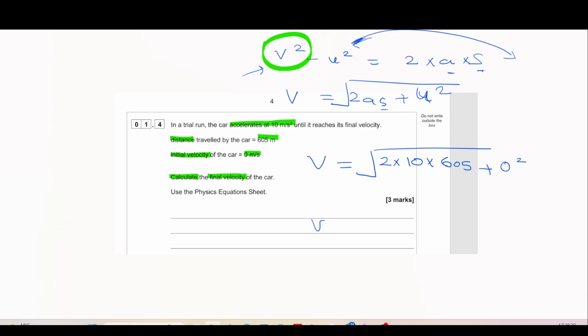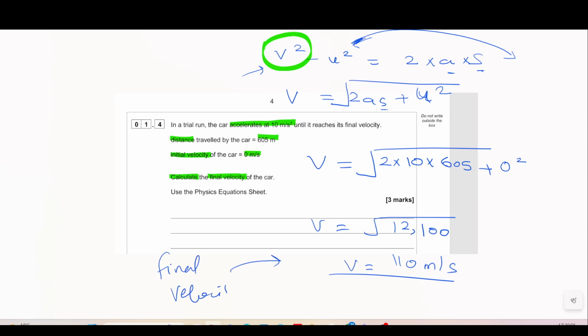So we just need to solve this. 20 times 605 is 12,100. And if we square root this, what will we get? 110. Yes. So velocity is 110 meters per second. This is the final velocity.